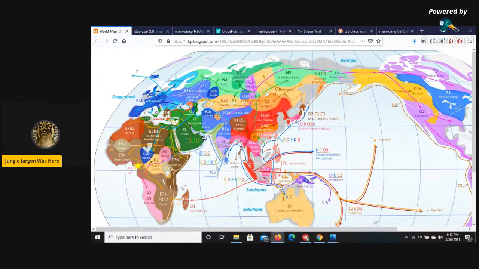So it's probably Elam and Arameans went this way and ended up this way. But the Elamites are right here on this waterway, and that's probably why they went all the way through here.